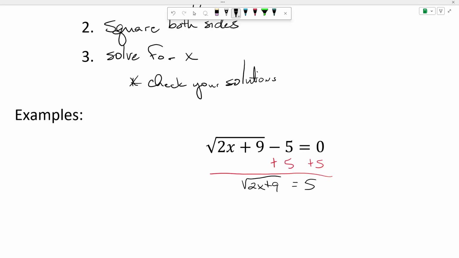I need to go through now and square both sides. So I'm going to square this side. But if I do it to the left, I got to do the same thing to the right. So square this side as well. And in doing so, this eliminates my radical, which leaves me with 2x plus 9 is equal to 25.